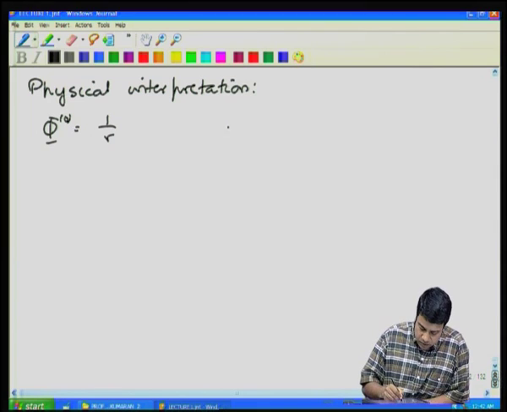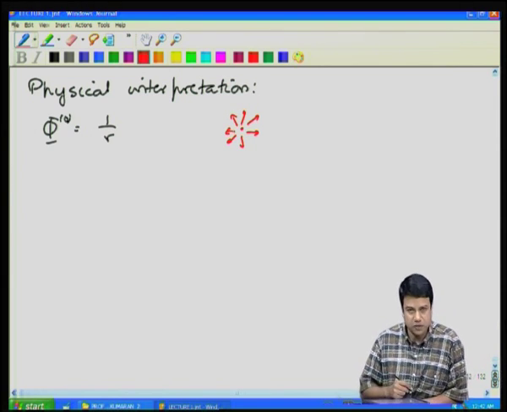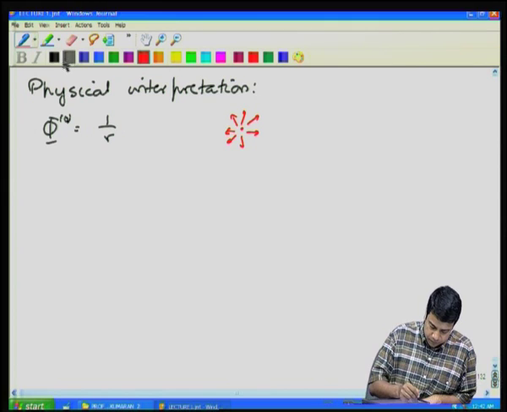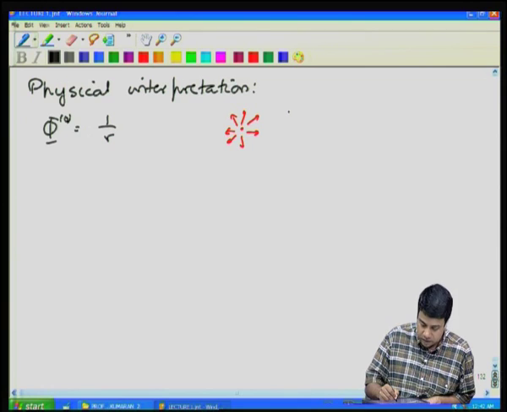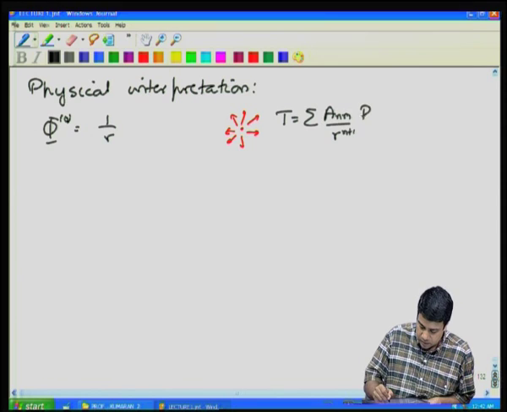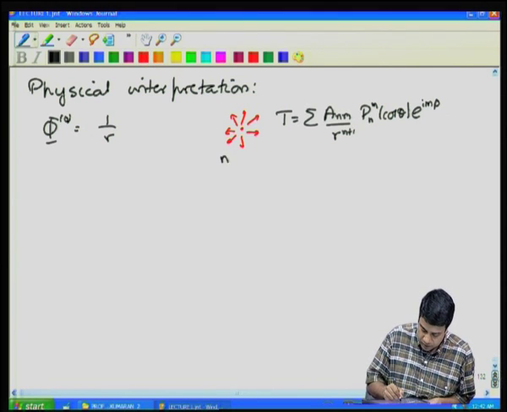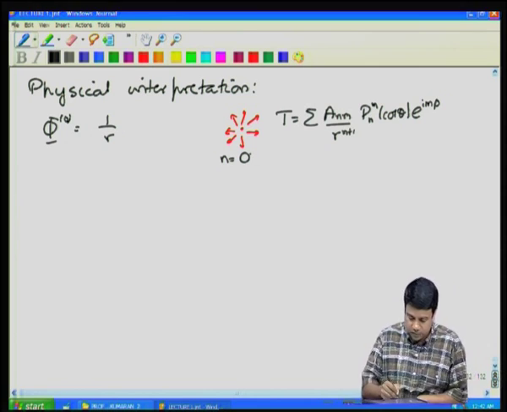So, I showed you that this was equal to a point source, 1 by r, a spherically symmetric point source. This, if you recall, was the same as the solution for the source. The equation that I had for the temperature field is equal to sigma A_nm by r power n plus 1 P_n^m of cos theta e power i m phi. This was the solution for n is equal to 0 and m is equal to 0.